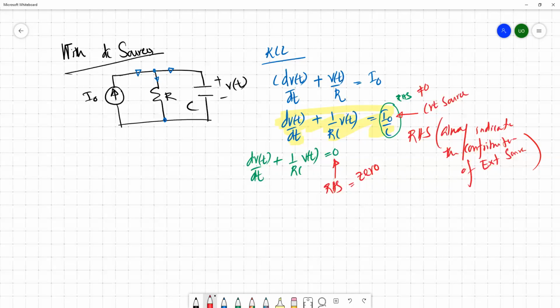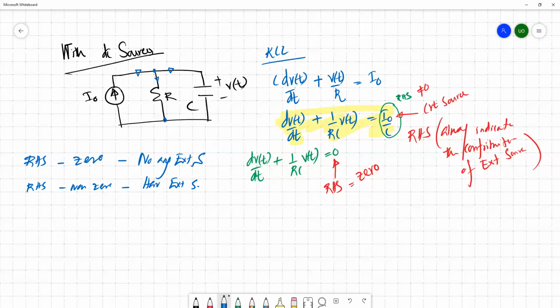So hope it's clear. If the right hand side is 0, it means there are no external sources. If your right hand side is non-zero, you have external sources.